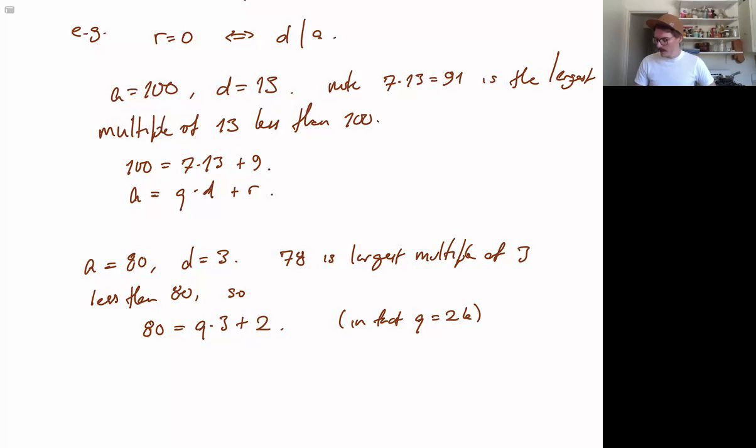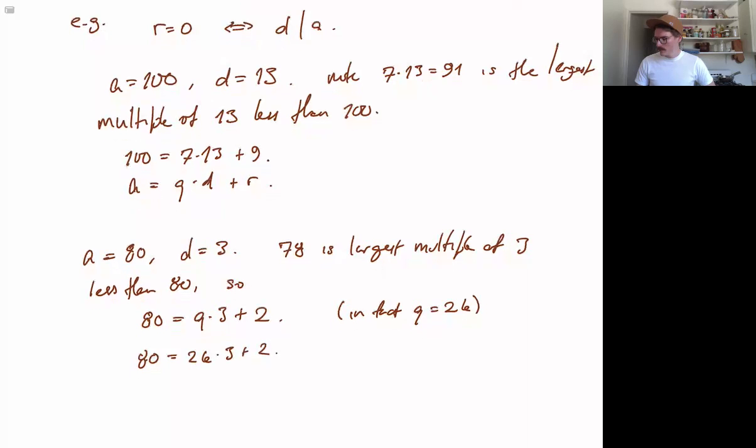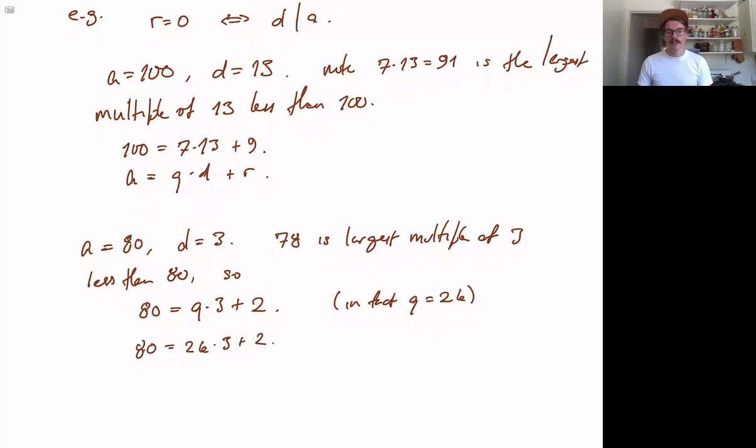So here's another example: 80 equals 26 times 3 plus 2. But next we're going to be talking about situations where we're forgetting about this quotient and only paying attention to the remainder.